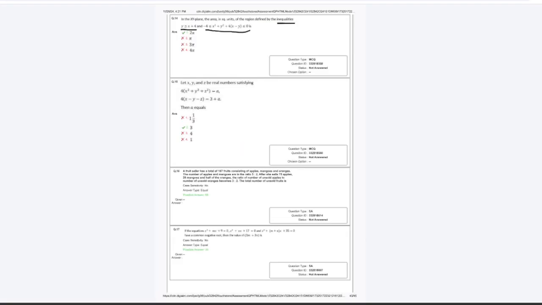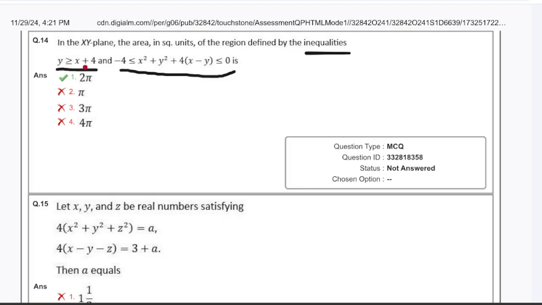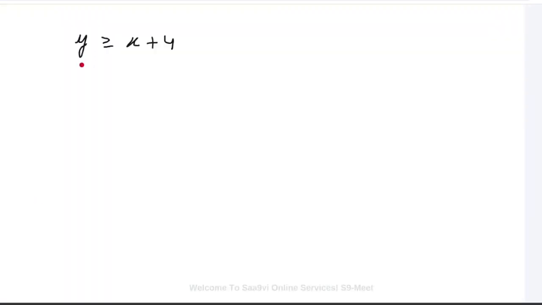First of all, let's write the first line, which is y is greater than or equal to x plus 4. Now, what exactly does this mean? This clearly represents a linear equation, the equation of a line. If I try to write it like x minus y, that is less than or equal to minus 4.